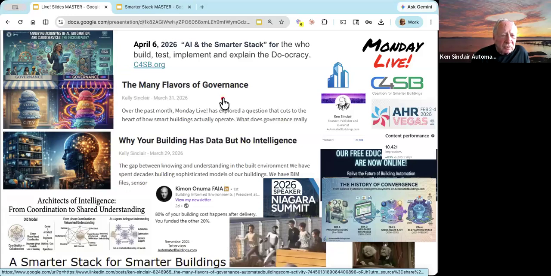The one below that is why your building has data but no intelligence. This is simply an article that points at one of Kimon's articles and does a summary of what he's talking about, because there's an awful lot of information in that article. So we're starting to almost have to paraphrase some of the articles, and that has got amazing traction.